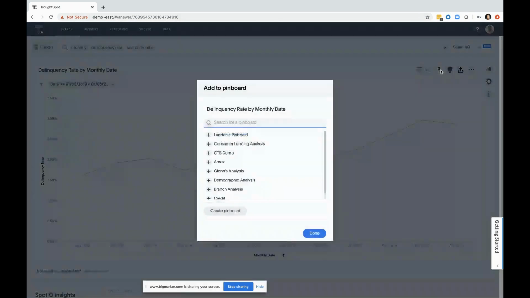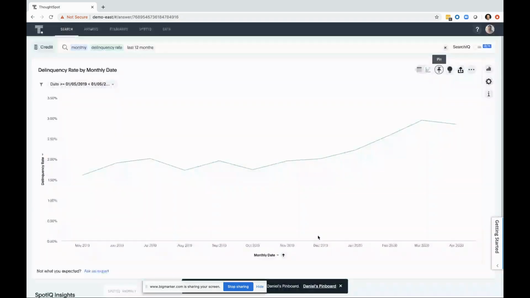Let's take an example. I'm going to call this Daniel's pinboard, and I'm immediately pinning this visualization to my pinboard for use later on.